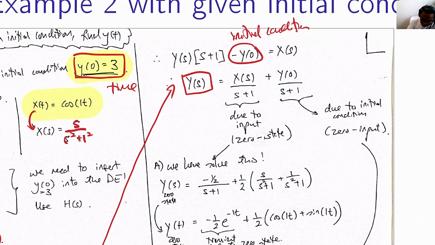But now y of 0 needs to move to the right hand side, and s plus 1 is moved to the denominator. So this term, x of s divided by s plus 1, is due to the input. It is called the zero state response. What about this one?